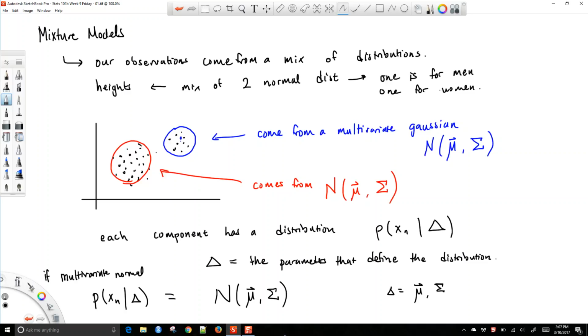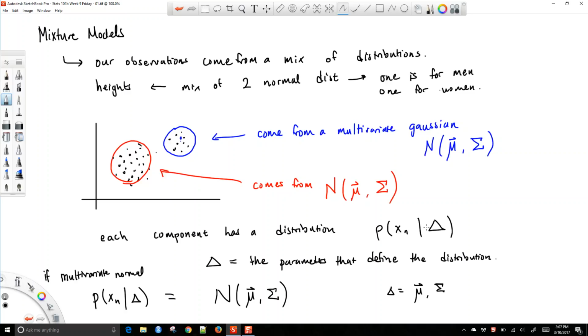So each component has its own distribution. It doesn't have to be Gaussian, but for simplicity we'll stick to normal distributions, because I think it's easy to think of mixtures of normal distributions here. Okay, all right, is this all right?